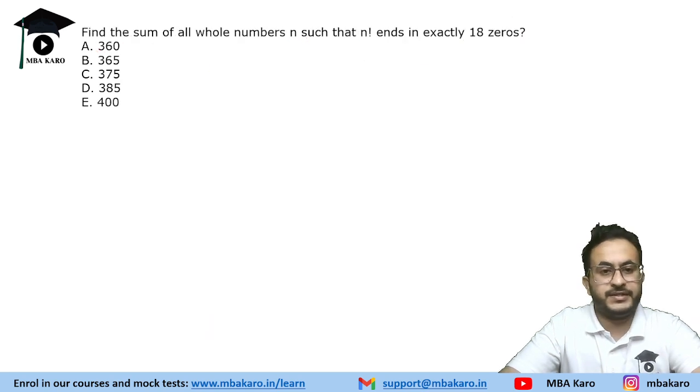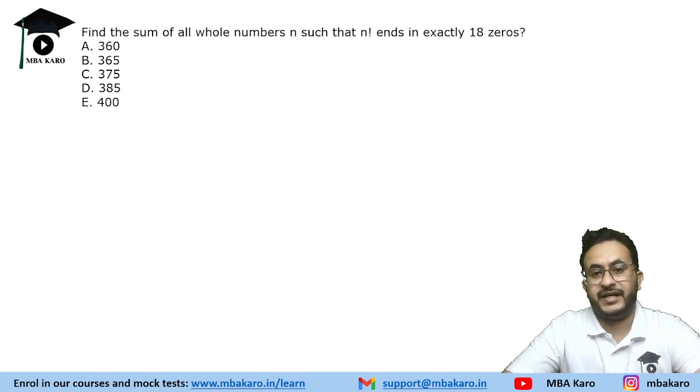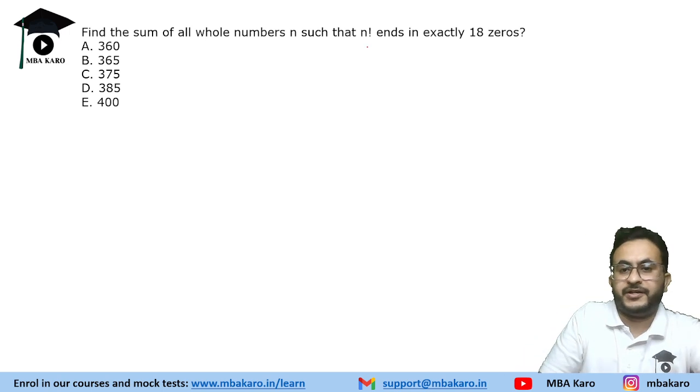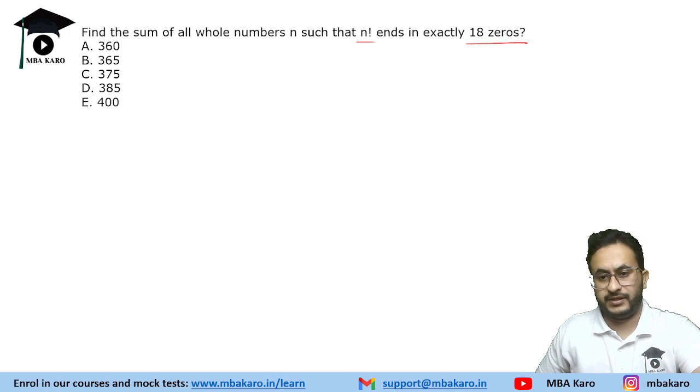Okay, so here's the next one. Find the sum of all whole numbers n such that n factorial ends in exactly 18 zeros. How do we find the number of zeros in a factorial?